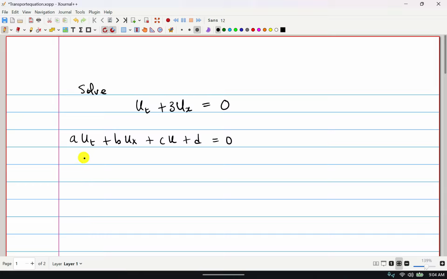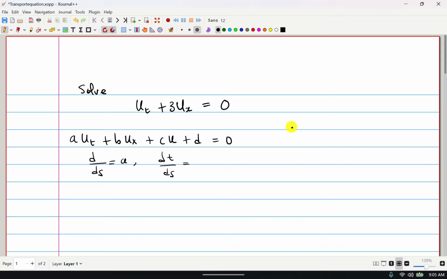We came up with a characteristic system that says we should solve dt ds equals a, and dx ds equals b, because the coefficient in front of them is what you're going to use.